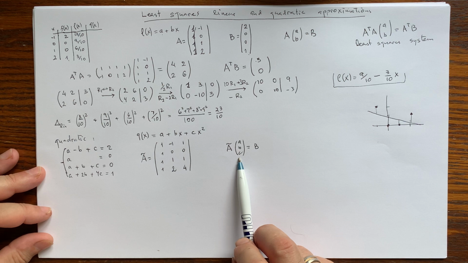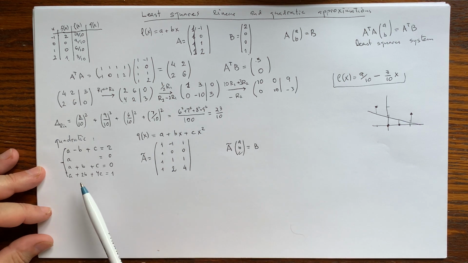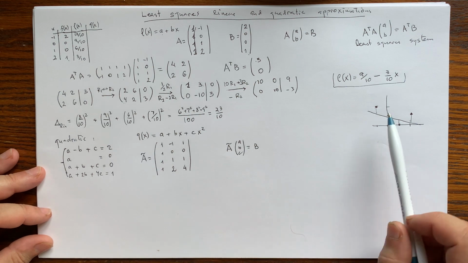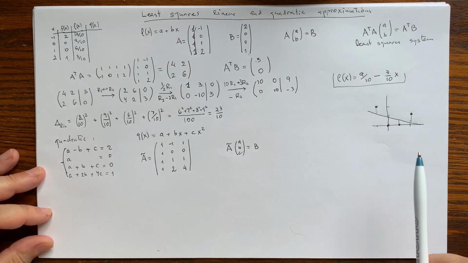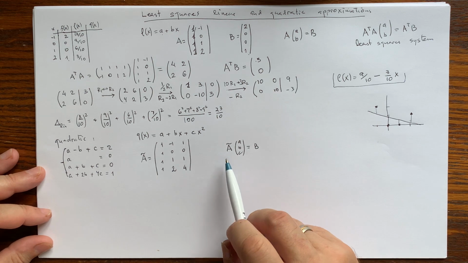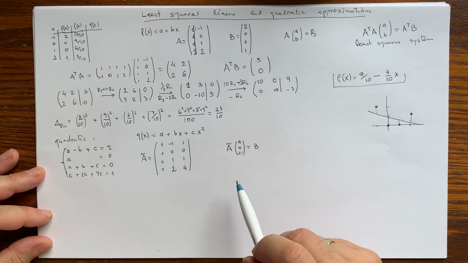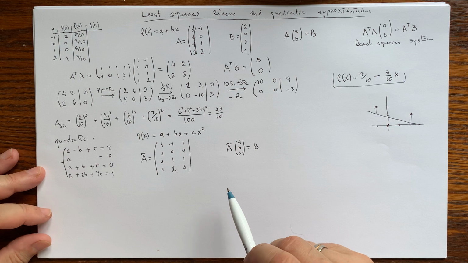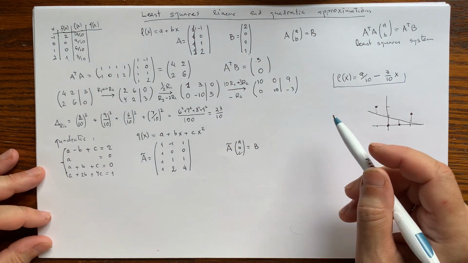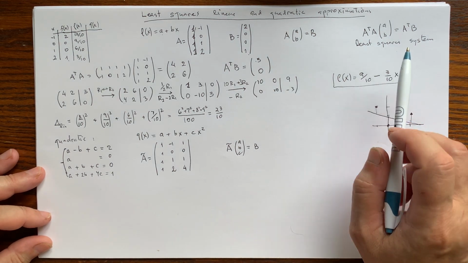And now, again, this system is unsolvable. You could quickly convince yourself that you don't have a perfect fit. So you don't have a quadratic function passing through the 4 points we have. But we can do it in the least squares best way by solving the least square system.